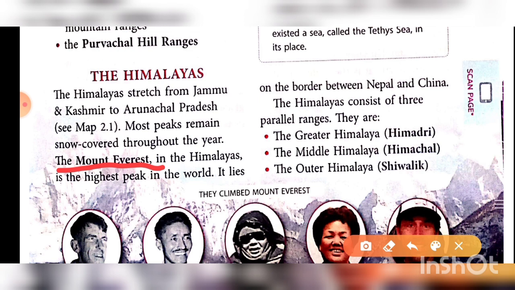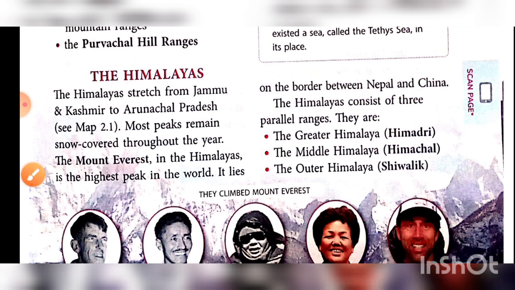So students, you have most of the time heard that the highest mountain peak of the world is Mount Everest. So students, Mount Everest lies in the Himalayas, and it is located on the border of Nepal and China.